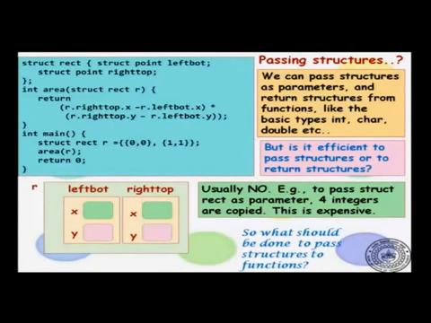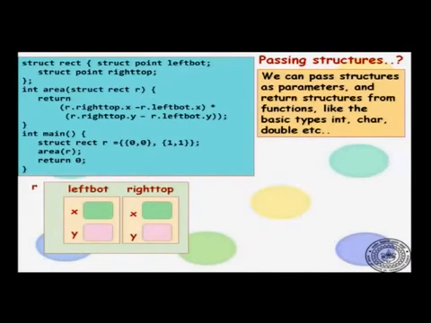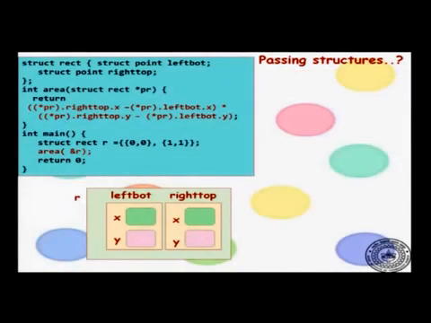So, what should be done to pass structures to functions in an efficient manner? One way to do it would be to define what is known as a pointer to a structure. How do you define a pointer to a structure? You define it pretty much the same way as a pointer to any other data type. Had this been an integer, you would declare int star pr.